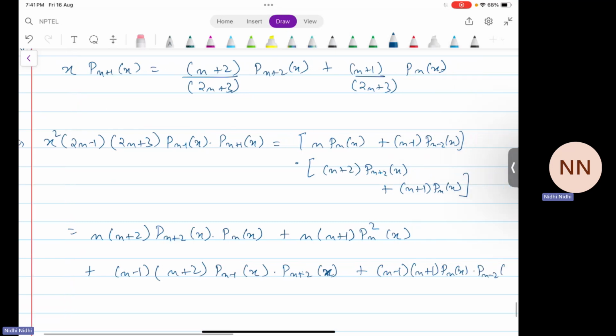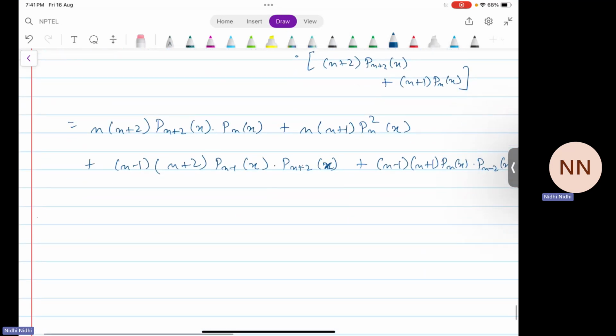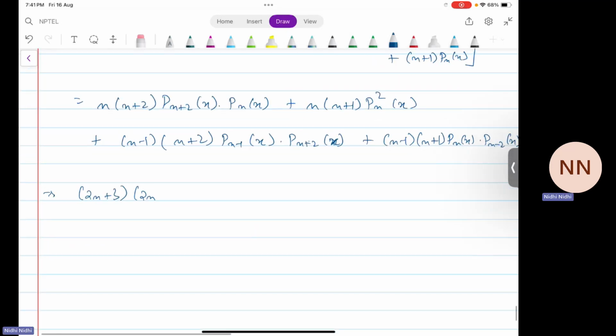Now I'll just integrate both the sides from -1 to 1. We'll get (2n+3)(2n-1) times the integral from -1 to 1 of x squared Pn+1(x) Pn-1(x) is equal to, the integral of all these terms would be 0.